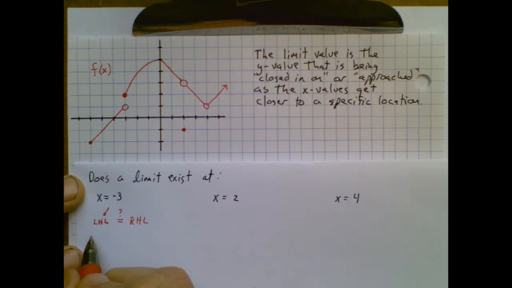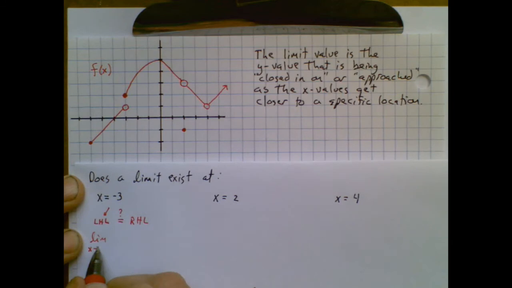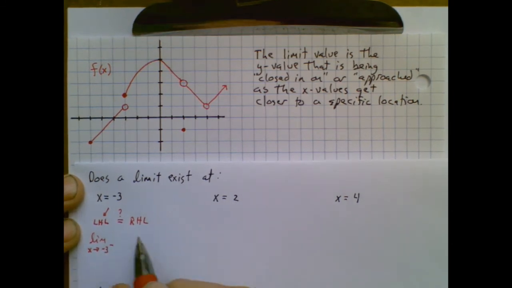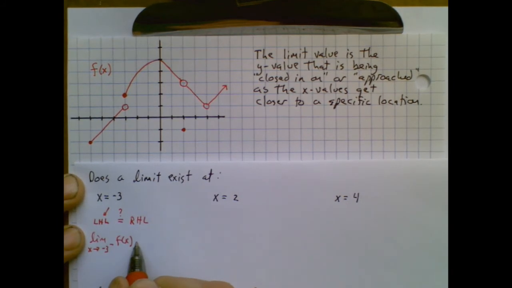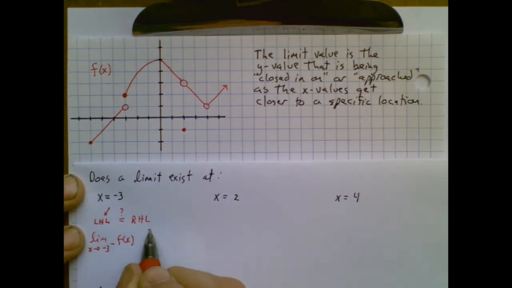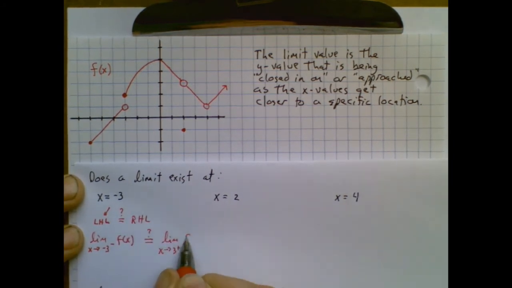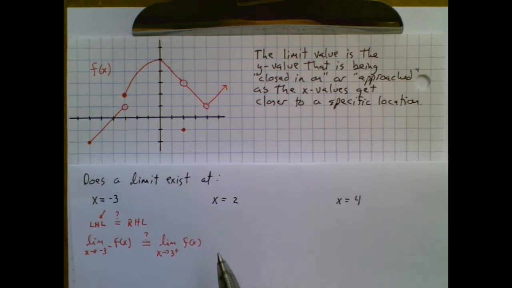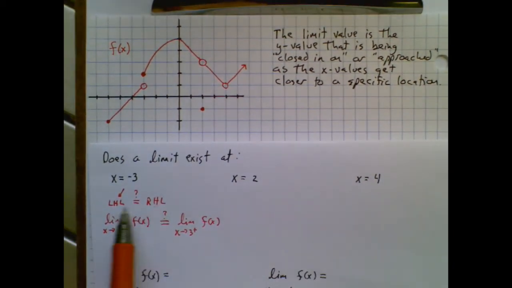So the way I would write out the left-hand limit here is the limit as x approaches -3 from the left of f of x, and then I would wonder, is it equal to the right-hand limit? Okay, so the way I've written this is the informal left-hand limit, right-hand limit.